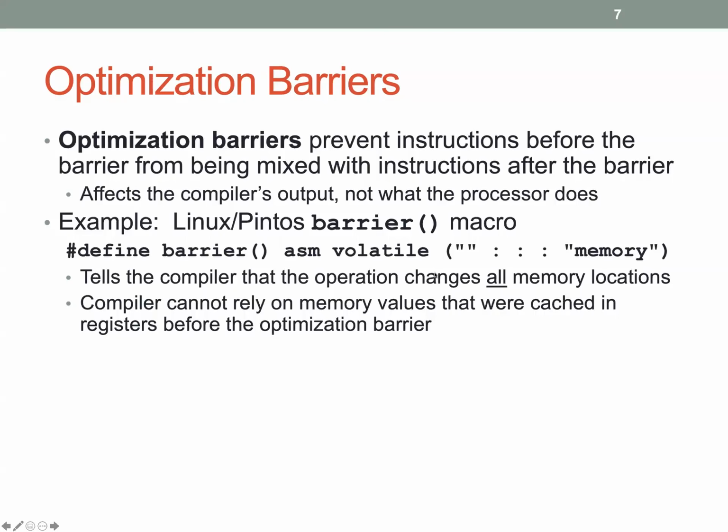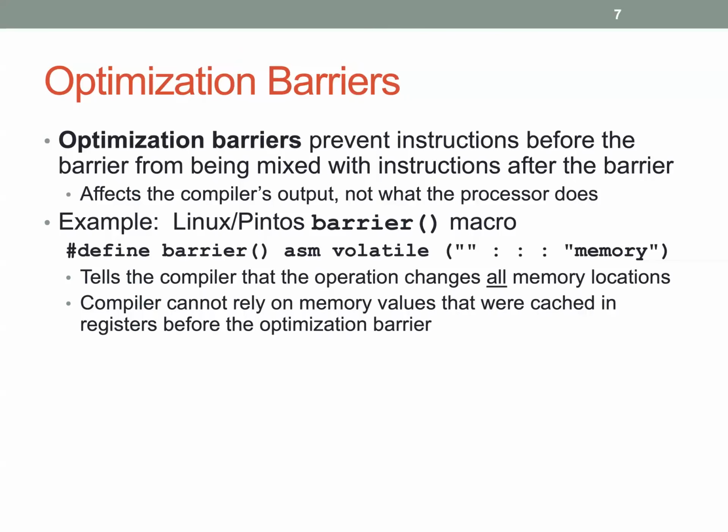It's a no-op. But what we do is we tell the compiler everything changes after running this assembly snippet. So what we're basically doing is telling the compiler, you can't really trust anything when you see this barrier thing, and that prevents it from making any optimizations across that boundary.